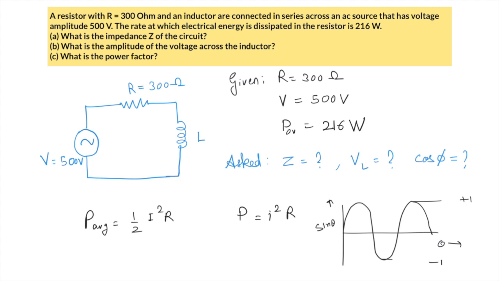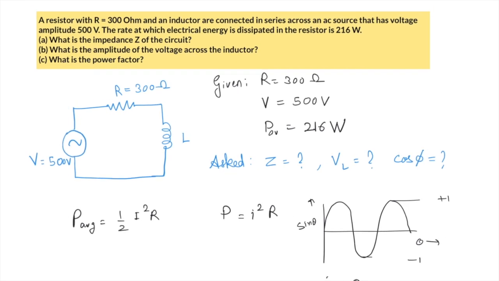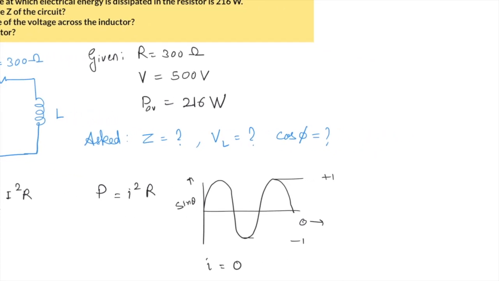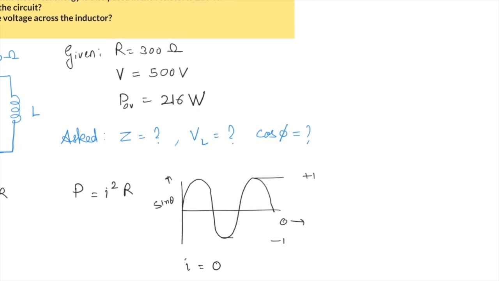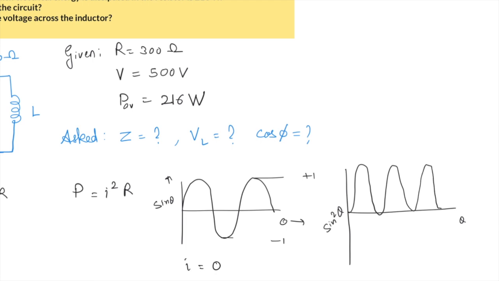So if we take the average of this I, which is dependent on sine of theta, it will be 0. But now we need to take the average of sine square of theta. If we plot sine square theta versus theta, we will have no negative values because now everything is squared.